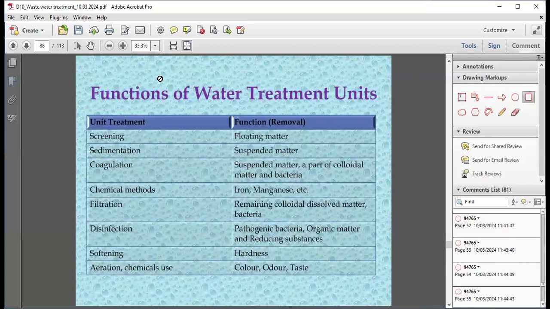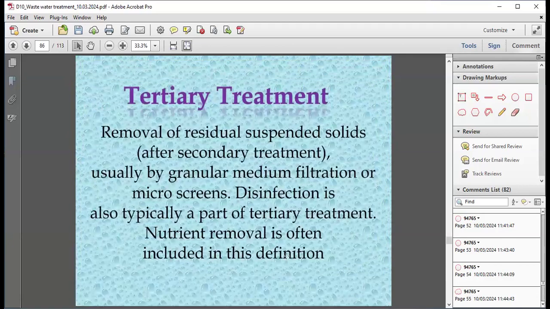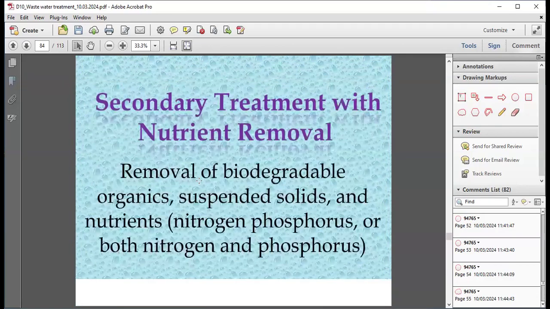The functions of water treatment units, right? Study this one: unit treatment and functions, screening, sedimentation, coagulation, and the function regarding color, odor, taste, and primary treatment.